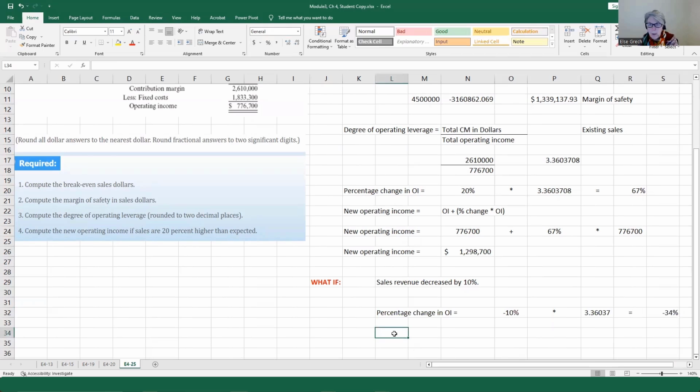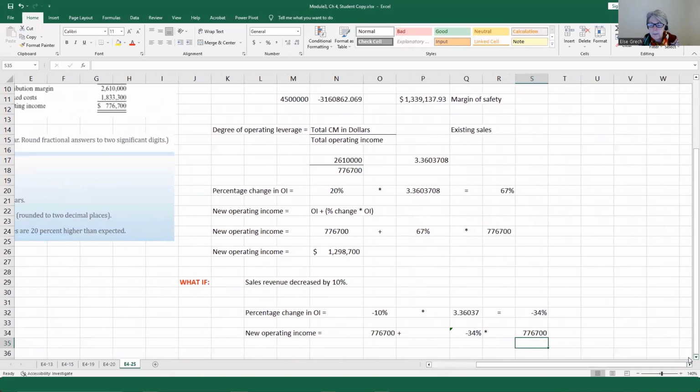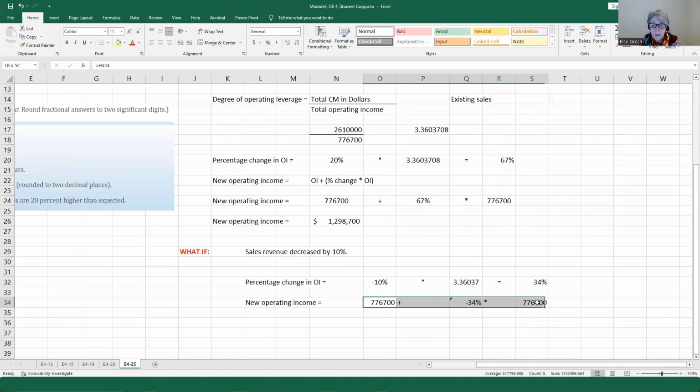Now, calculate the new operating income. Remember, it's the old operating income plus the percentage change, which is a negative number, multiplied by the old operating income. I'm going to move this over so we can see it clearly, and I'm going to center all of these.